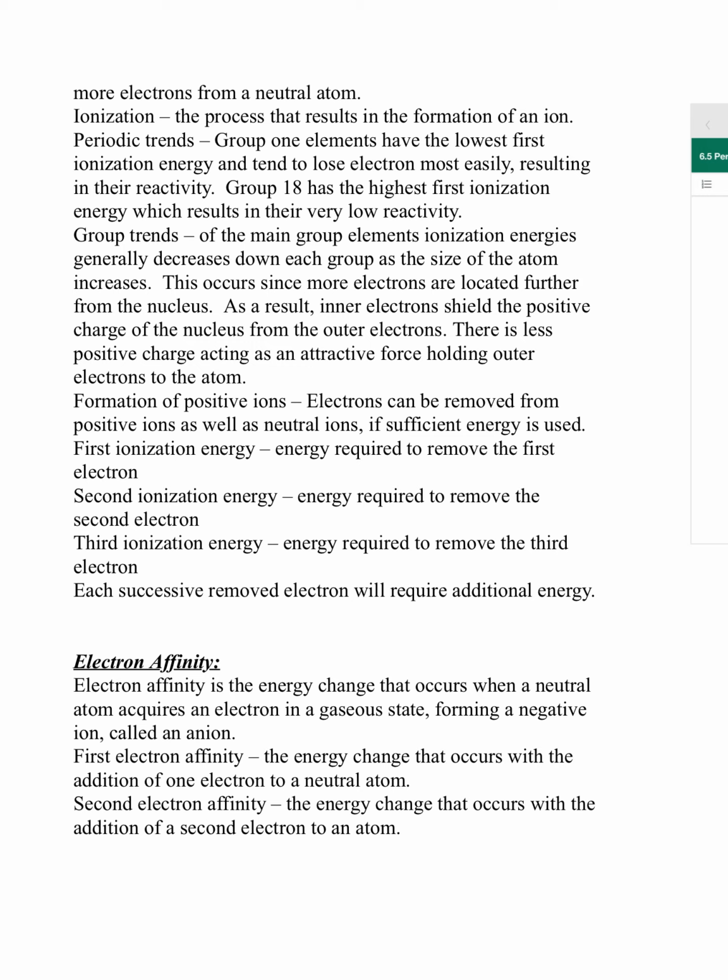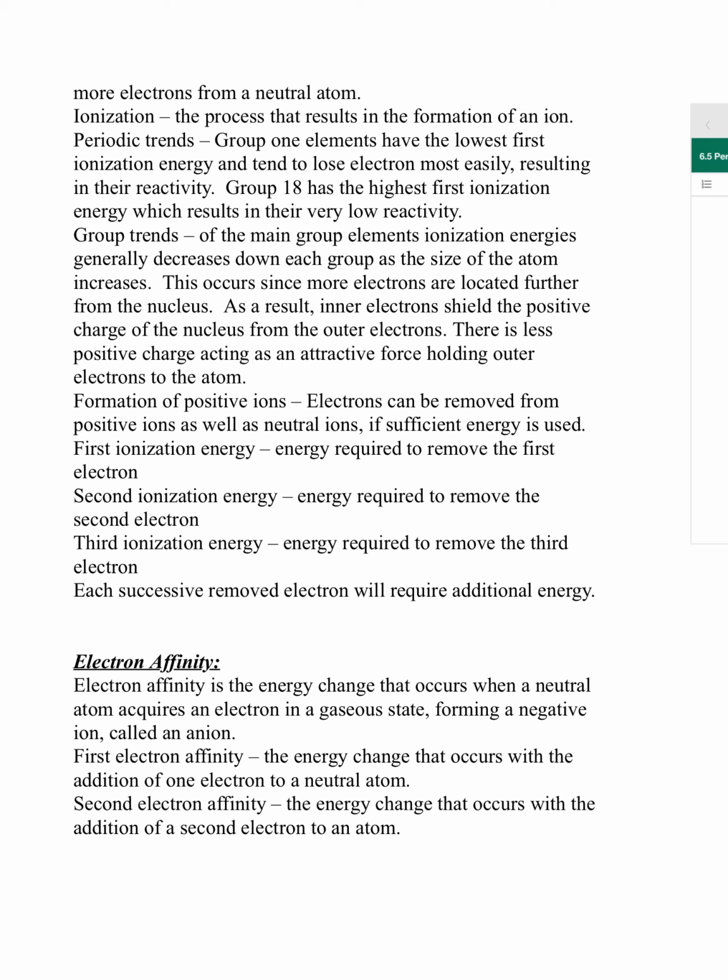Periodic trends: group 1 elements have the lowest first ionization energy and tend to lose electrons most easily, resulting in their reactivity. However, group 18, on the other hand, has the highest first ionization energy, which results in very low reactivity.